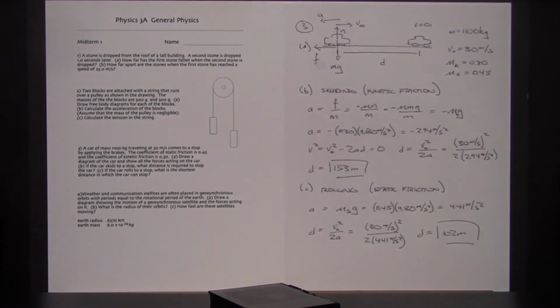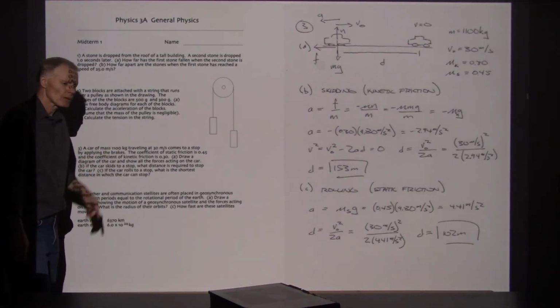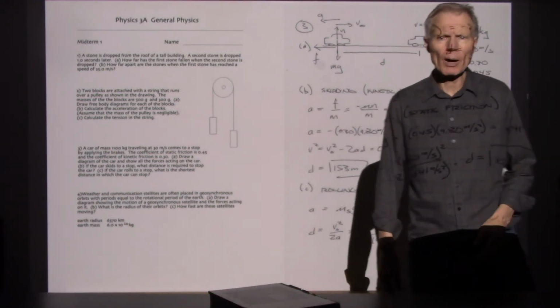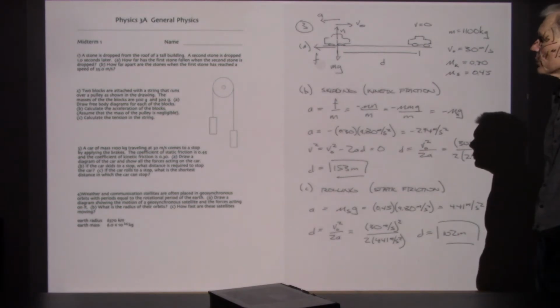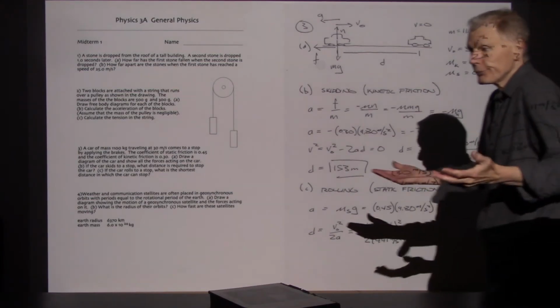So what did they tell us about the car? Ooh, they said it's an 1,100 kilogram car. And sometimes students go, well, it wasn't a fair problem because you never use the 1,100 kilograms, and you don't have to use all the information given. Okay, so to make the problems more realistic, there could be information in the problem that you don't use.